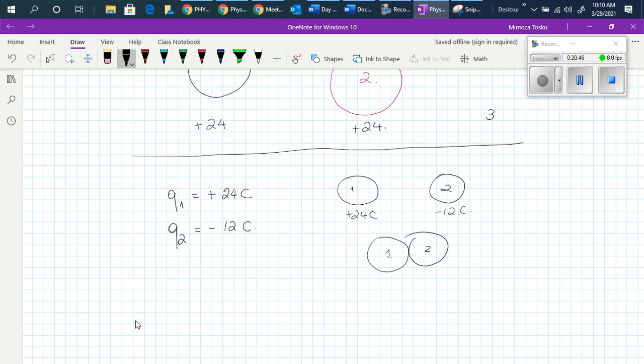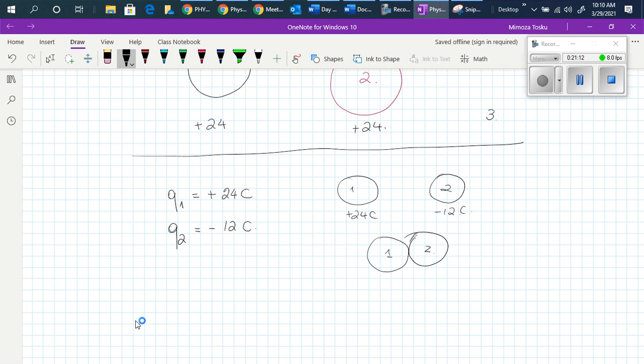What you see here is the same as a bank account. You have positive 24 and someone is in debt of $12. So you say, okay, let's have a combined account, which means the two accounts will be combined together into one piece.